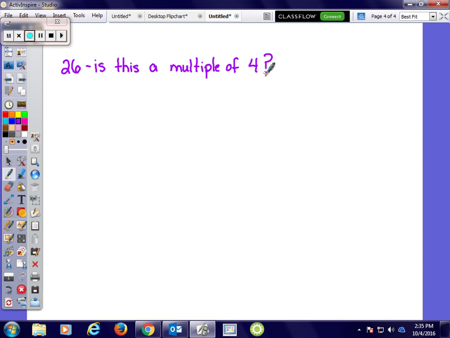Okay, I hope you wrote no, because there is nothing I can multiply by 4 that's going to equal 26. The closest I could get is 4 times 6 is 24, or 4 times 7 is 28, but there's nothing in the middle. So the answer would be no.